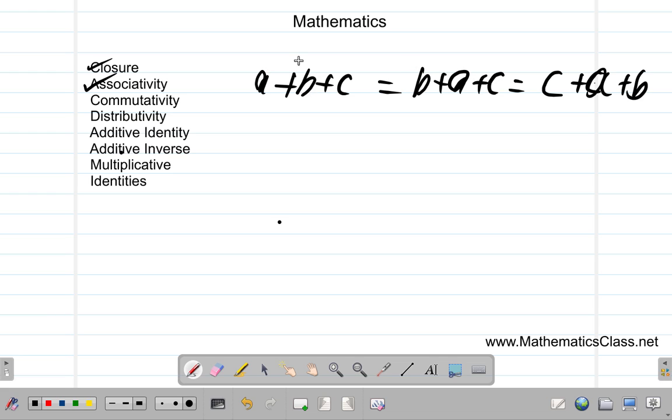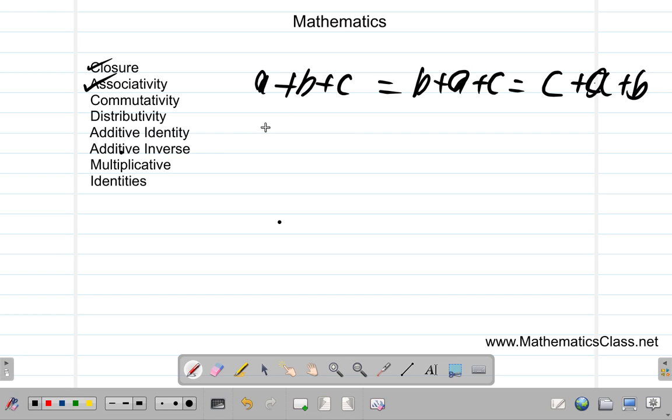Now we make B travel to the left and A travel to the middle. You get the same answer here. And then C plus A plus B. So right here, we make C travel to the left, A remain, but B travel to the right.